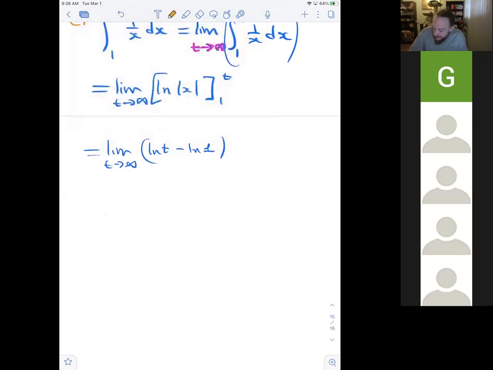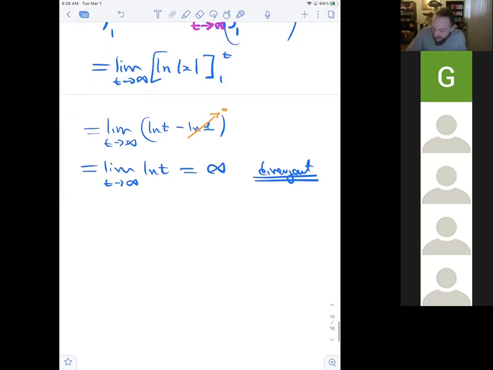Log of 1 is 0. So this becomes the limit as t approaches infinity of log t, which is infinity. So divergent, turns out.